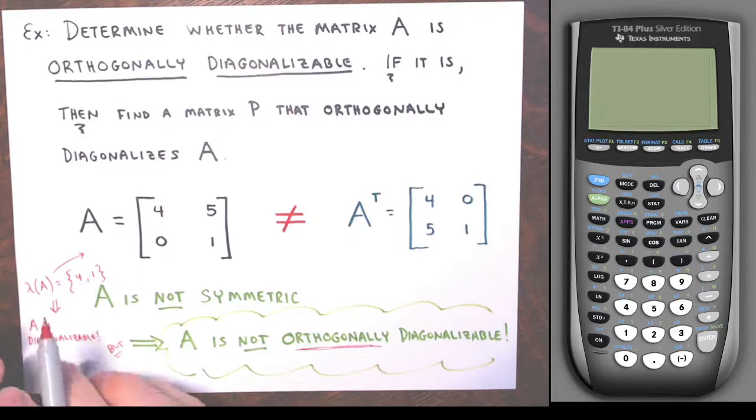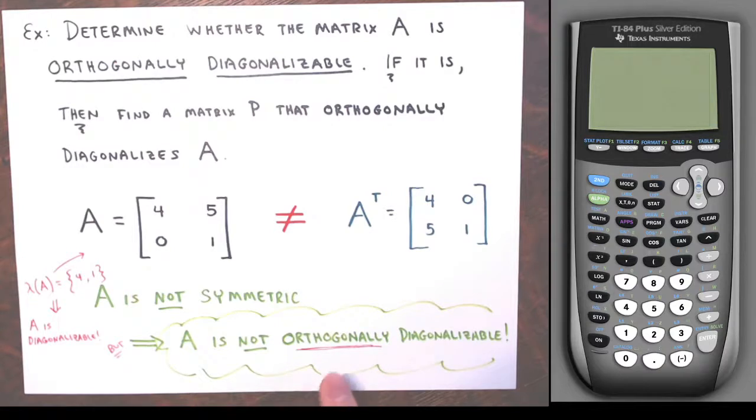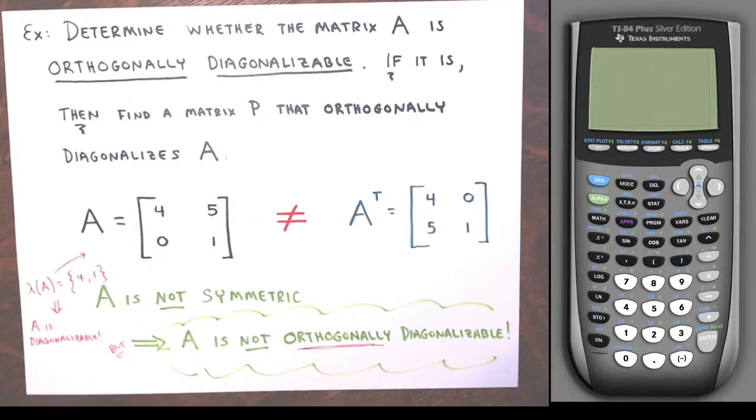So a matrix can be diagonalizable without being orthogonally diagonalizable. Just be careful and understand that these are different concepts. They're very similar, but they are different. I'll say it one more time: every orthogonally diagonalizable matrix is also diagonalizable.